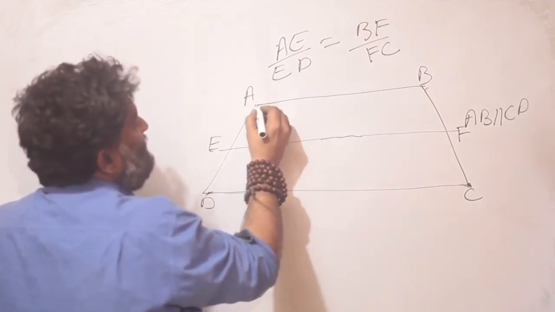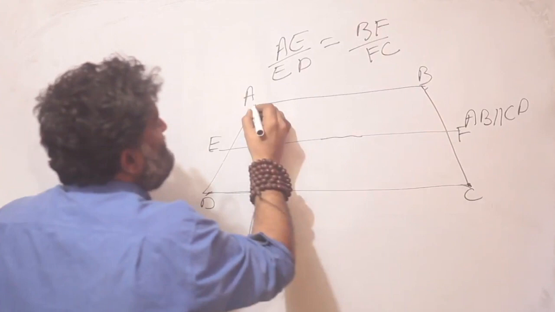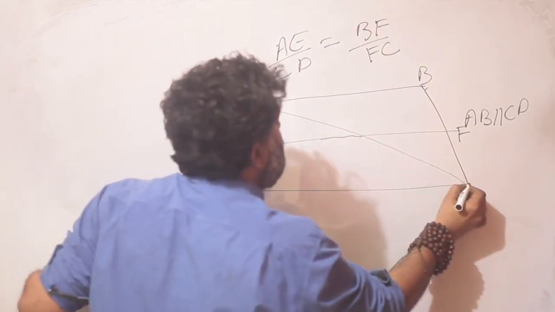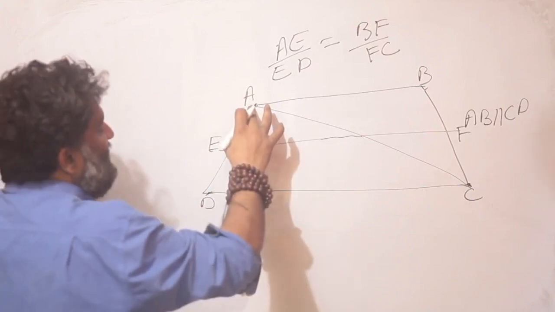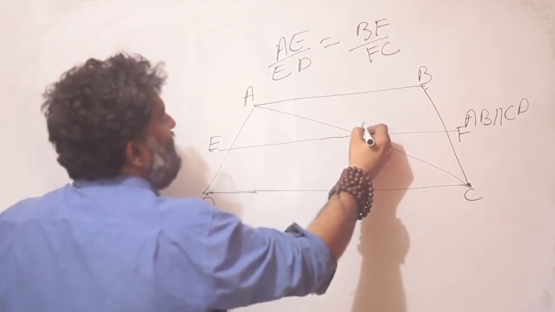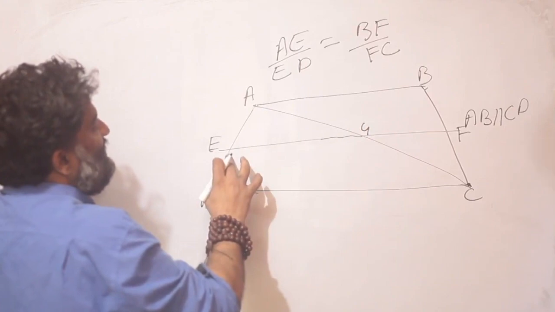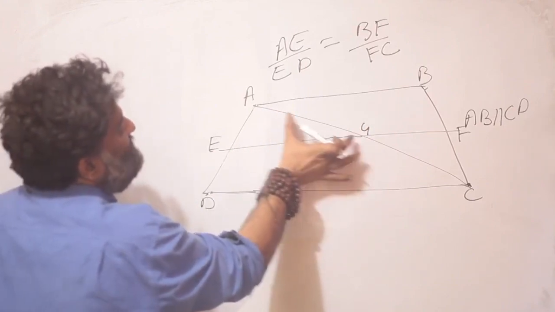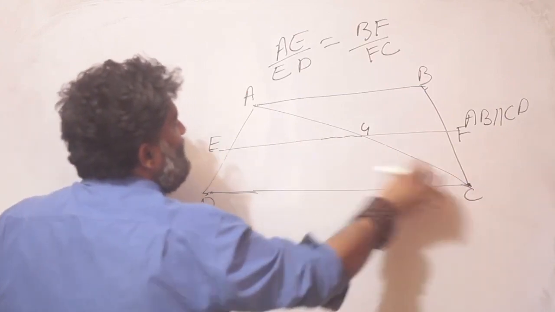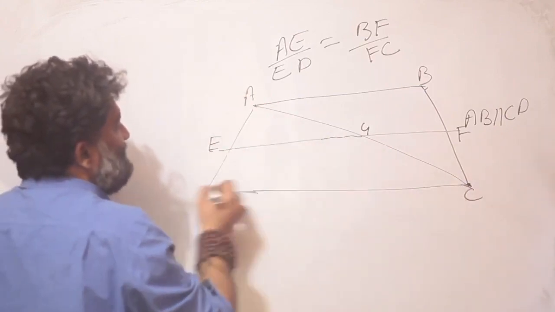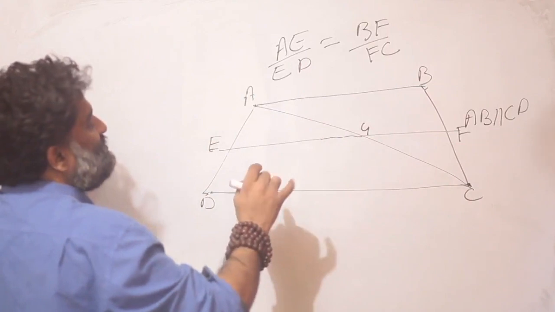So let's get started. What I will do is connect A with C so that I can get triangles into play. Now I can see very quickly, let me call this point G, AE upon ED is going to be equal to AG upon GC. Why? I'm thinking of triangle ADC, this triangle only, forget the rest of the story.